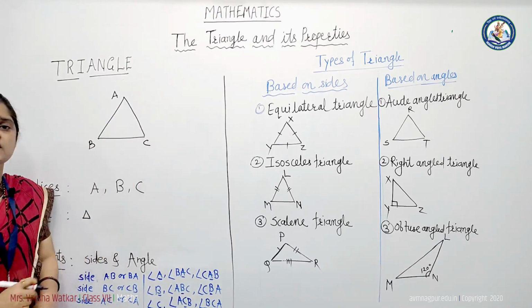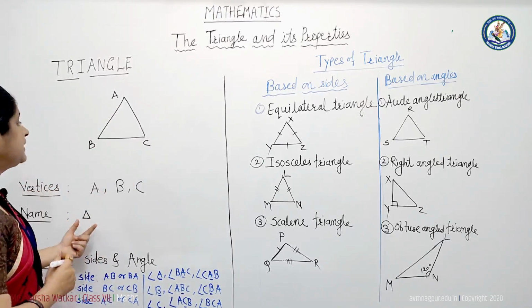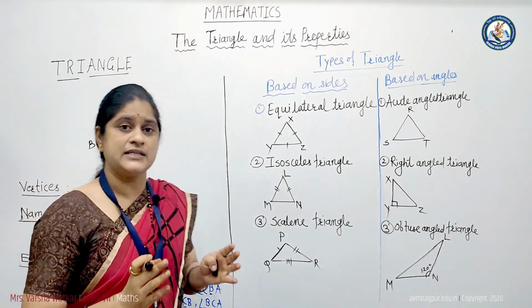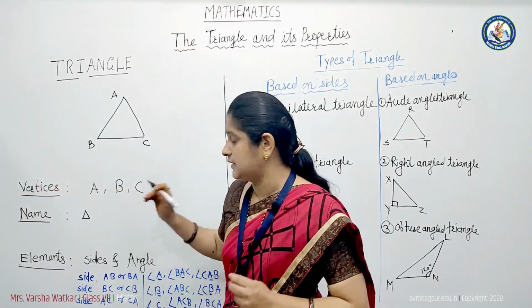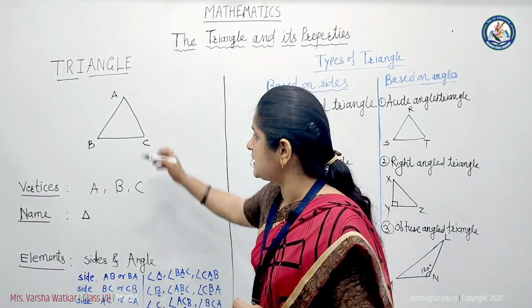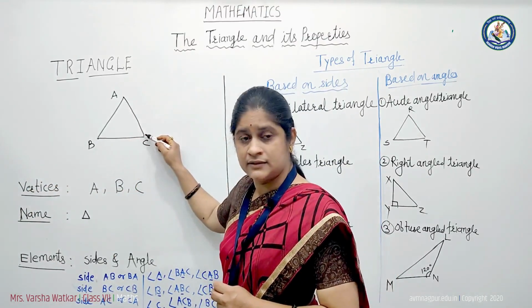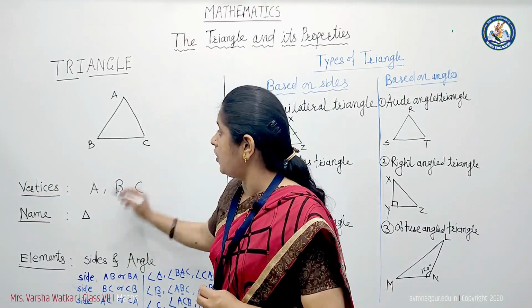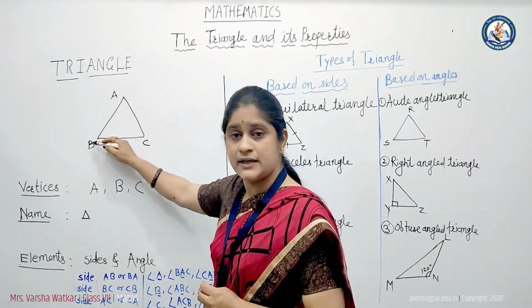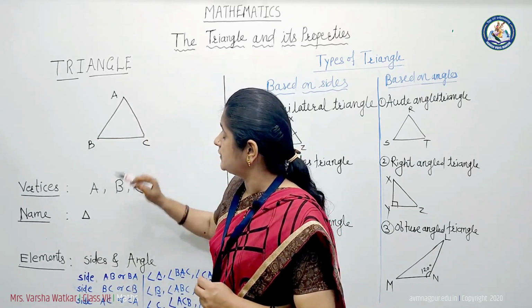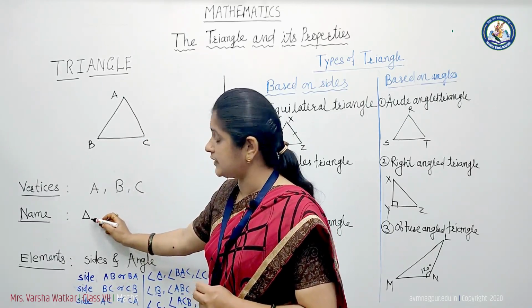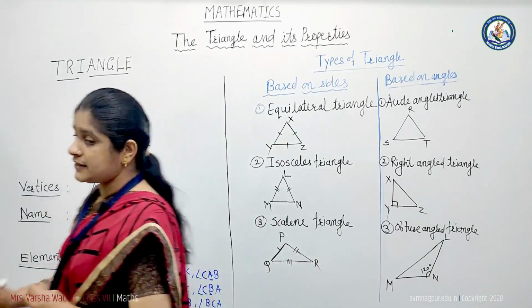Now, how can we give the name of the triangle? We can name the triangle in different ways. We can say triangle ABC, or triangle ACB. This is the symbol for writing the triangle.